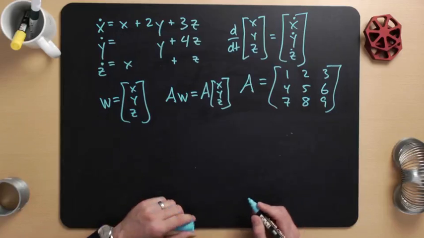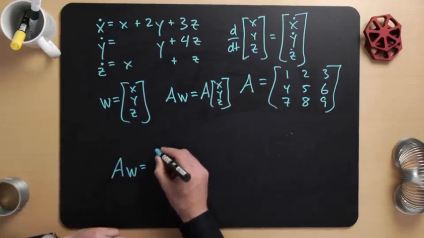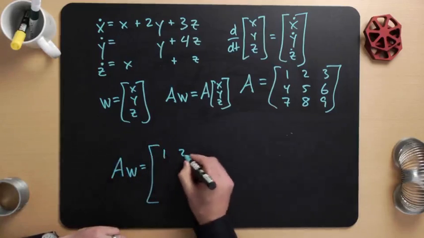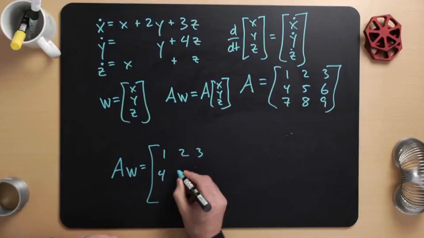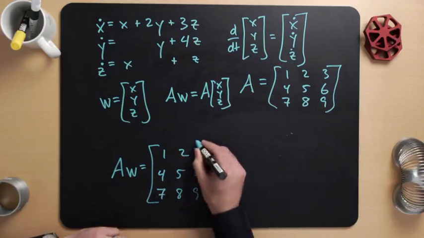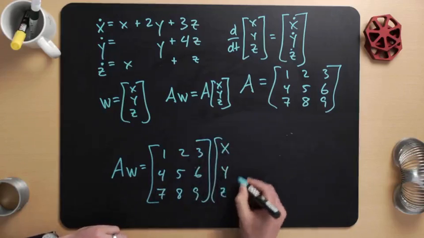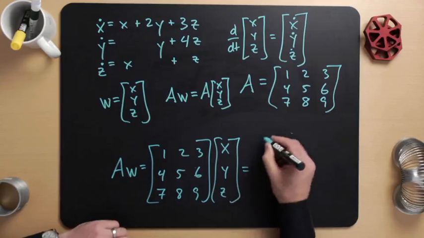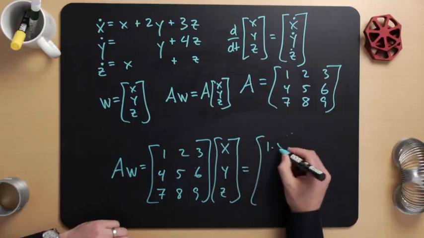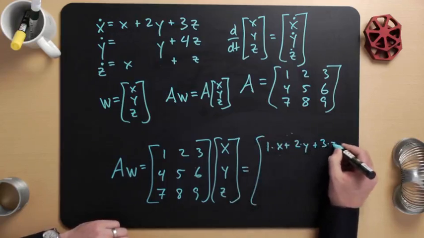For instance, if I take the A matrix I just defined, A times W is equal to the matrix 1, 2, 3, 4, 5, 6, 7, 8, 9 times the vector x, y, z, and that's equal to 1 times x plus 2 times y plus 3 times z.